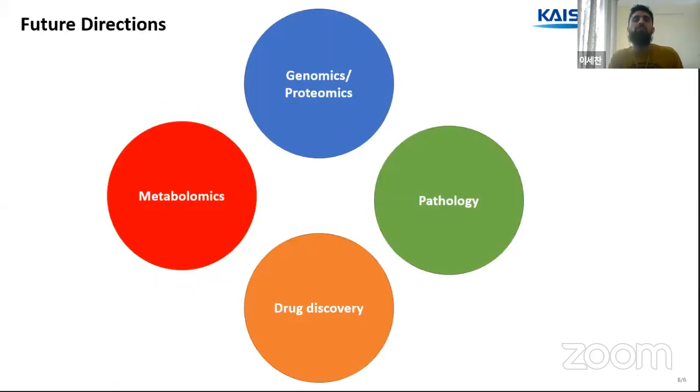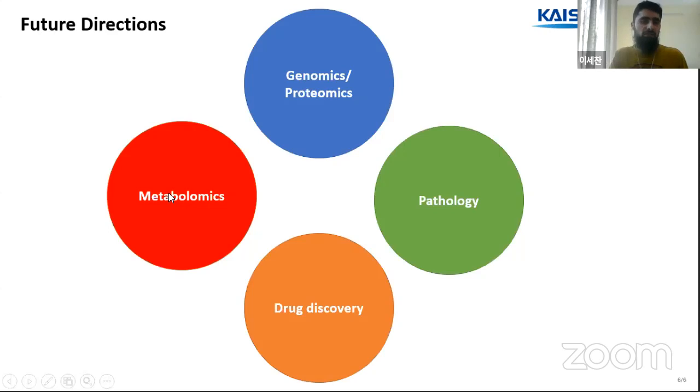So basically, what the future holds is that network biology is important for these disciplines: genomics, proteomics, and pathology, like understanding the disease, etc. And especially for therapeutics and drug discovery, because we can understand which targets are vulnerable to inhibition, and if we inhibit the target, it can be used to treat different human diseases.